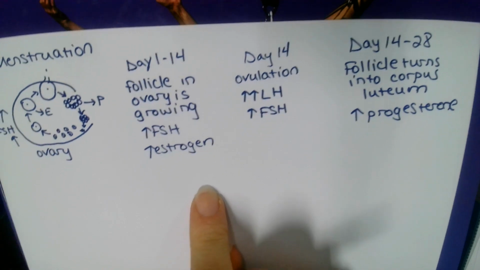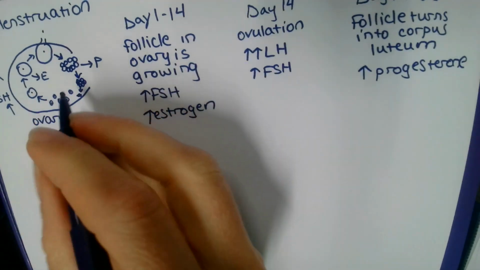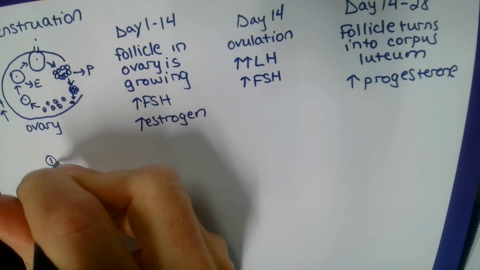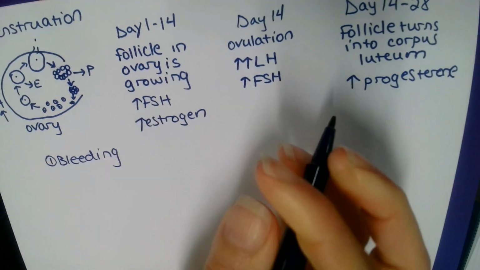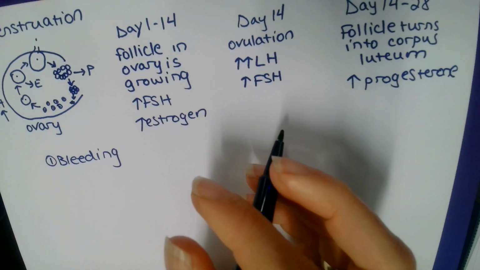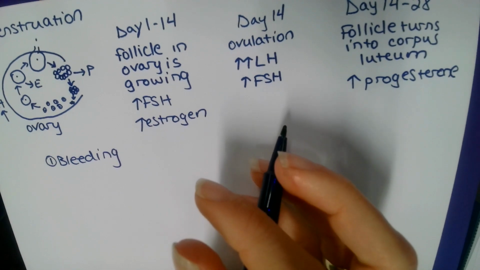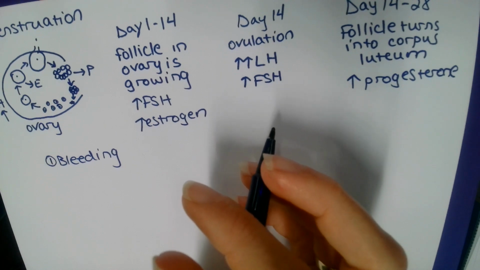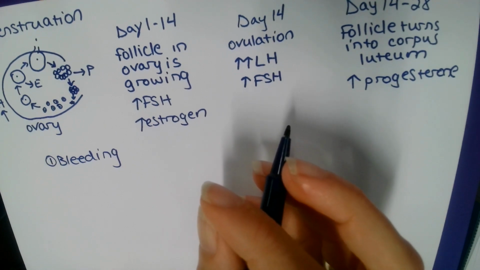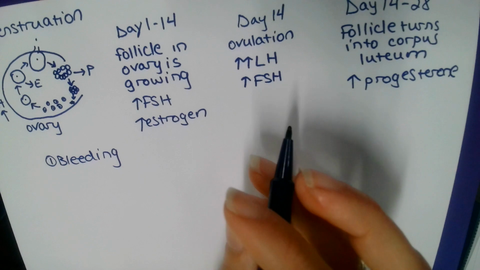All right, now let's talk about the stages that happen. So the first event that occurs is bleeding. It's preparing the new endometrium. It has to shed the old endometrium. So it's shedding the old endometrium, beginning to prepare the new endometrium.